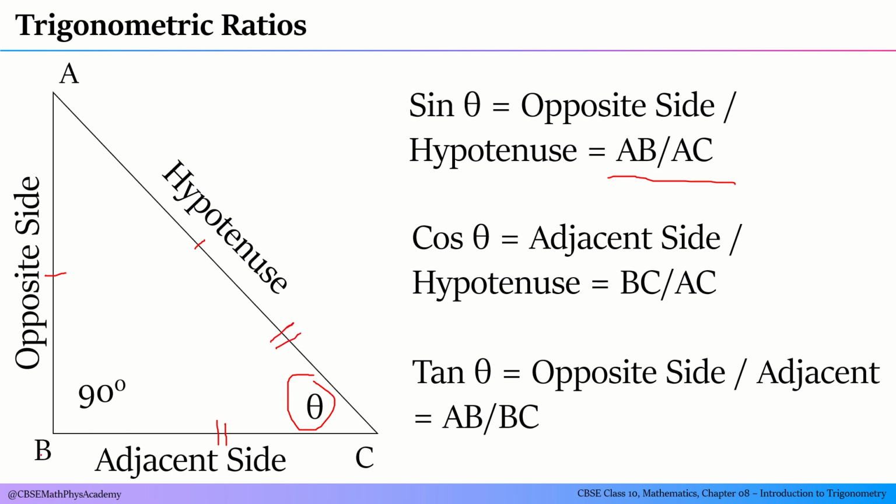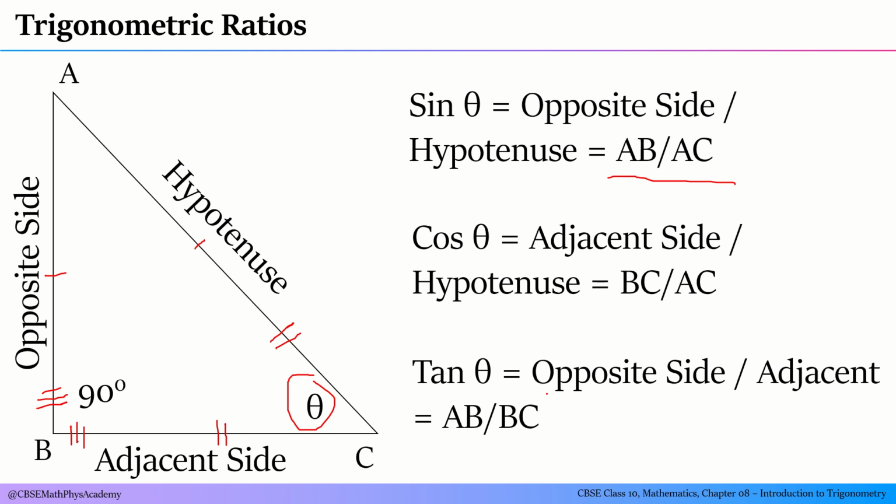The adjacent side is BC and the hypotenuse is AC, so it is BC by AC. Then we have the third ratio, tan theta, which is opposite side divided by adjacent side, which is AB divided by BC.